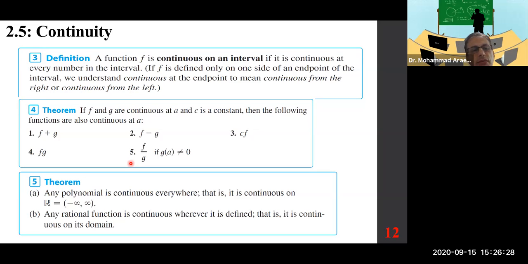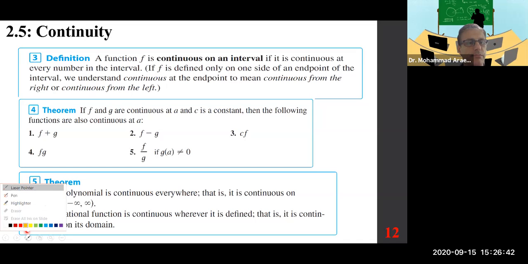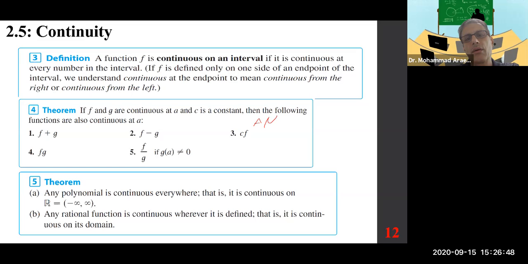And of course, polynomial functions are continuous everywhere. Any rational function, wherever it is defined. So in short, every function is continuous in its entire domain. Let me actually write this. All functions are CTS, short for continuous, in their domain, and I'm going to put it in all caps.